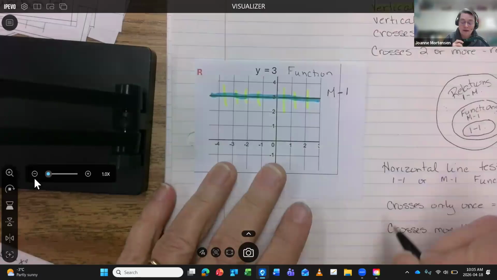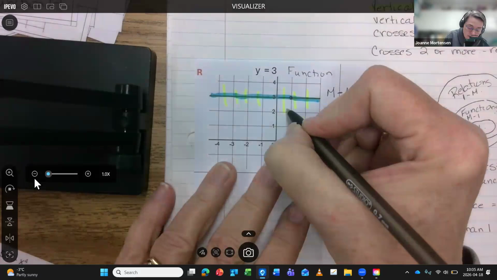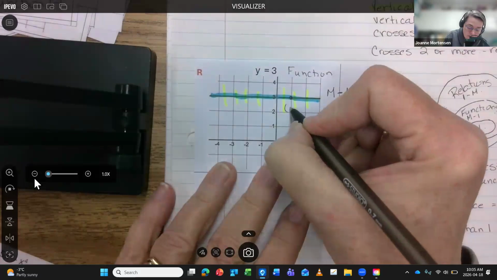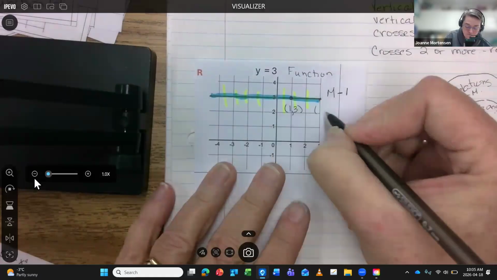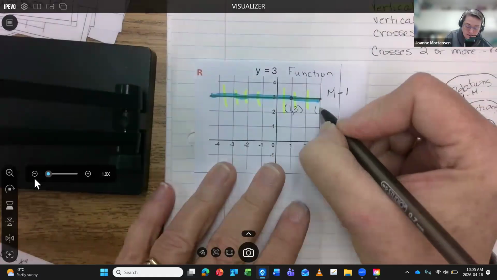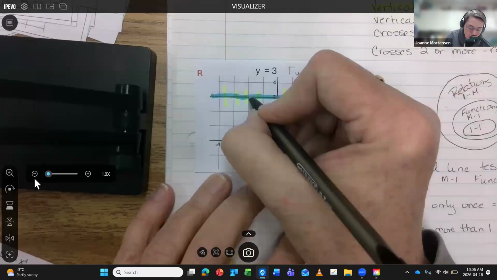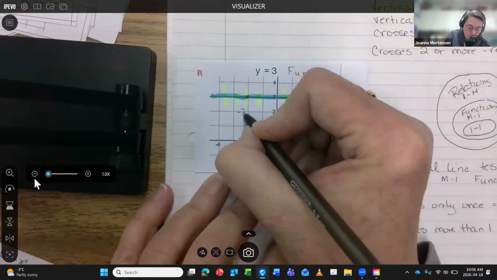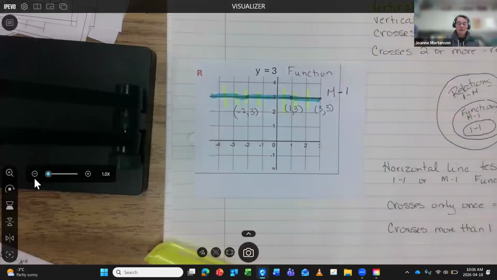And just as a quick reminder, let's say we pick that point, and that's 1 over and 3 up. And this point is 3 over and 3 up. Just for fun, let's do this one, which is minus 2, 3, because it's got the nice graph in the background. This makes sense.